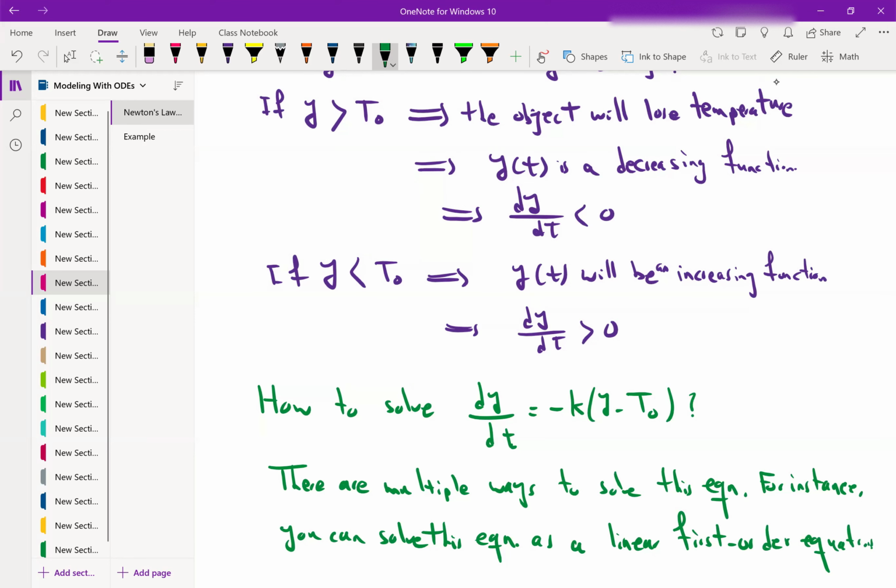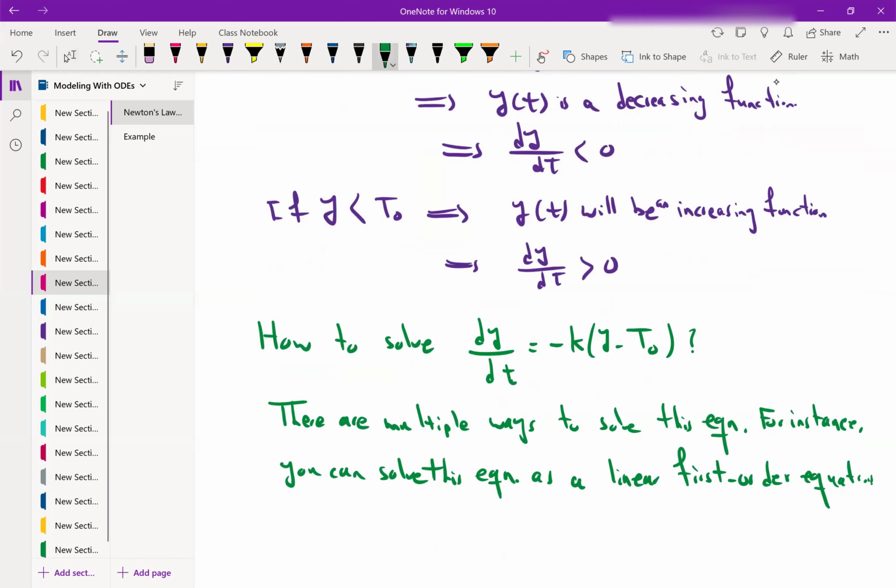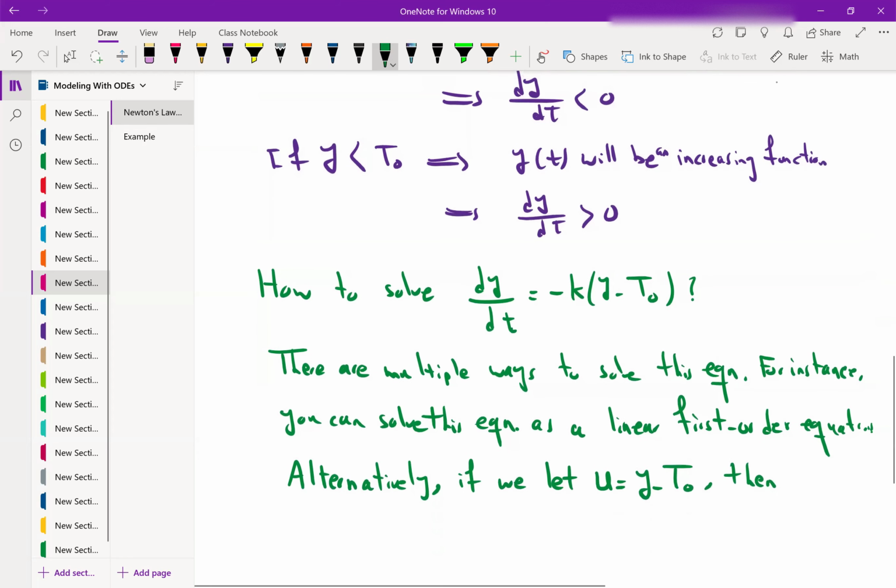Or you can solve it as a separable equation, but here I'm going to use a trick which makes things a little bit simpler. Alternatively, if we let u equal y minus T naught, introduce u as y minus T naught, then we can rewrite our equation.